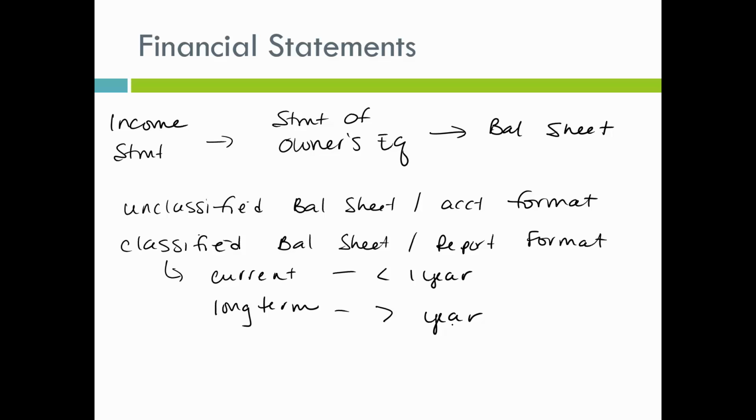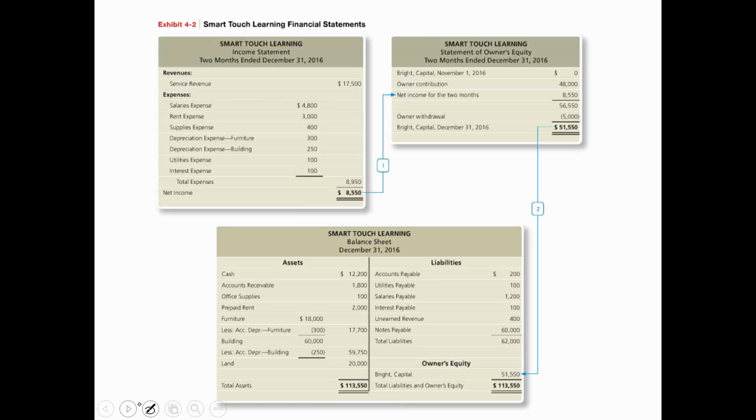So these are for assets, things that are going to be used for multiple years, like your equipment, your property, your land, your trucks, things like that. With liabilities, current are things that are due within a year, and long-term are things that are due in longer than a year. So like if it's a 10-year note payable or a 30-year mortgage payable or something like that, that would be long-term.